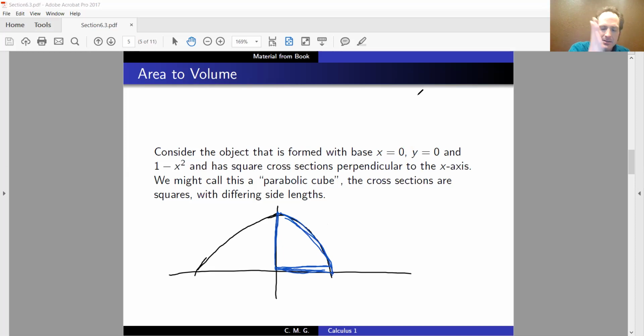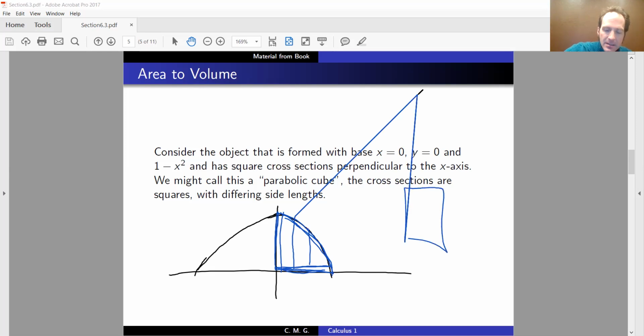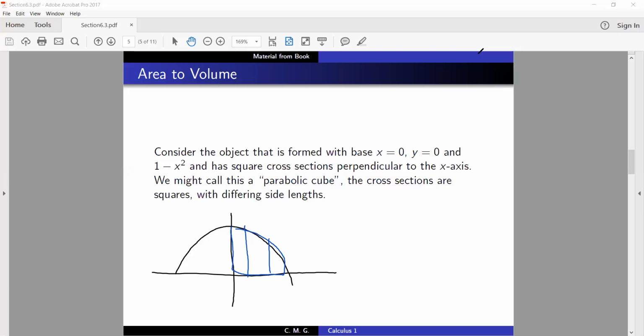I cut it down into slices, and each of these slices will look like a different-sized square. Each of these cross-sectional areas is a square, some smaller, some bigger.